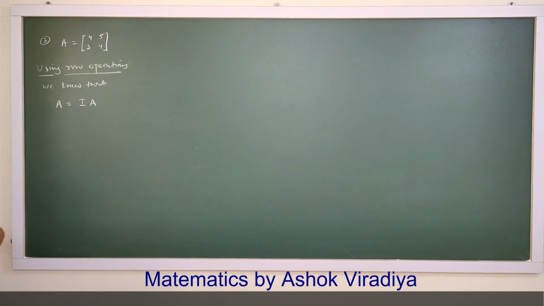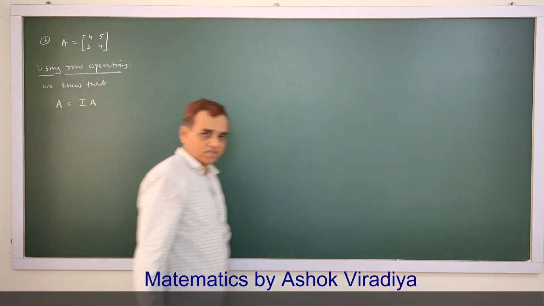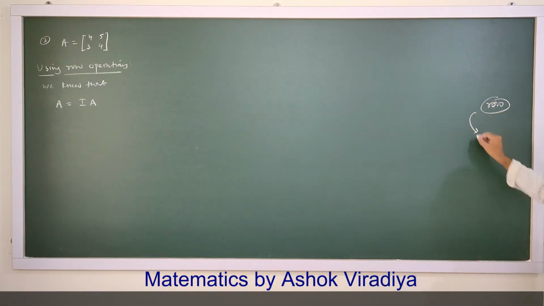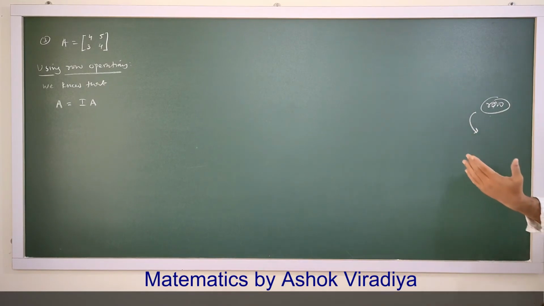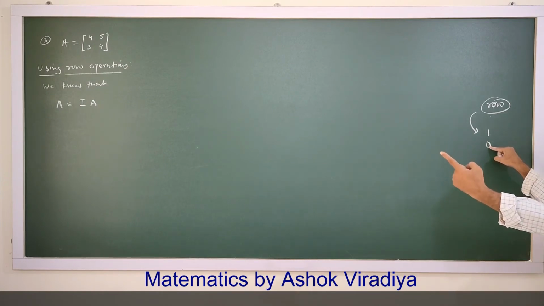And in last step, this will be converted into I. And when we perform using the row operation, we set sequence of 1 and 0 by this way. First step 1, then 0. 1, 0. This is 2 by 2.